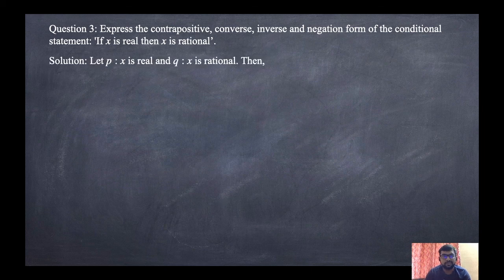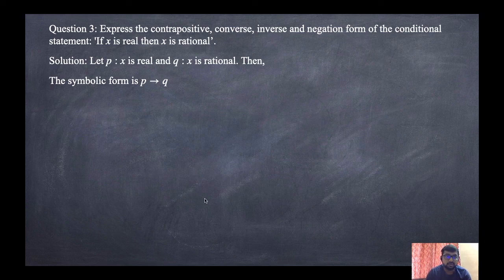Let P be X is real, and Q, X is rational. Then the symbolic form is P implies Q, that means if X is real, then X is rational.